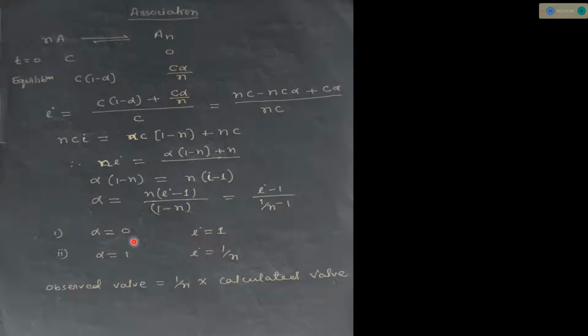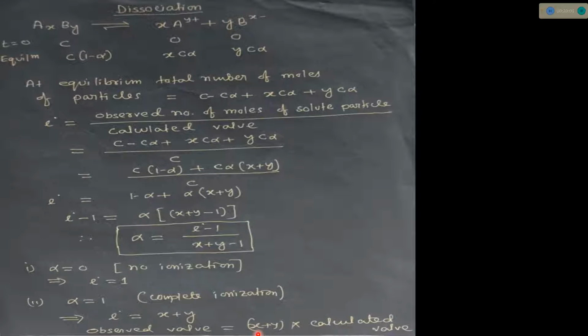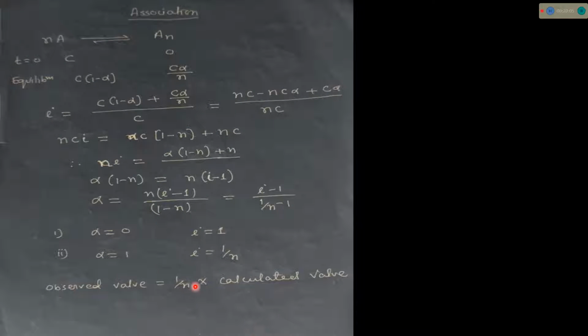Now when alpha is equal to 0, i equals 1, there is no association. When alpha equals 1, it means complete association, i equals 1 by n. So the observed value equals 1 by n into the calculated value. In the case of x plus y, we considered the moles of cation and anion after dissociation. In this case, after association, which mer is formed?